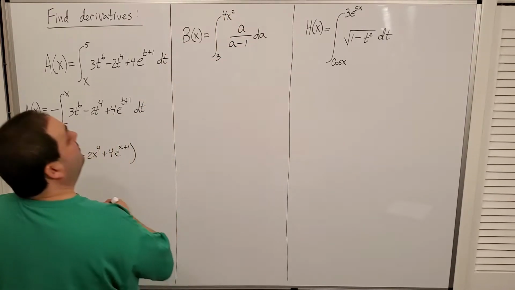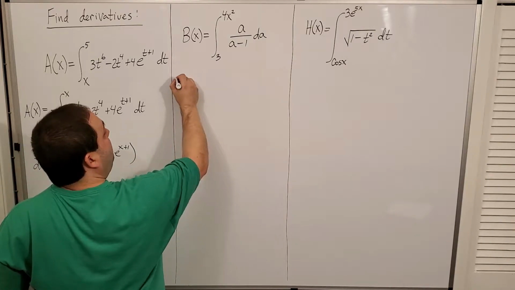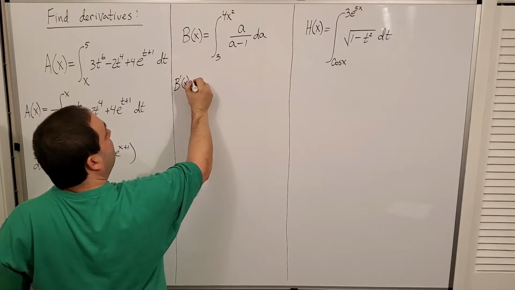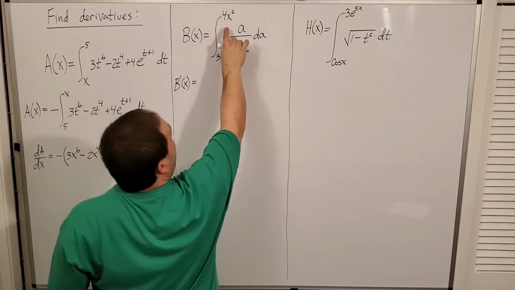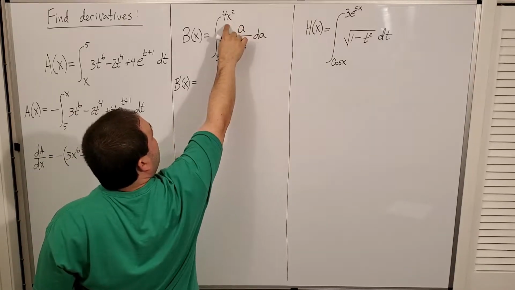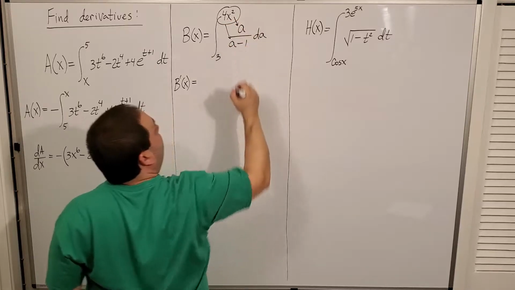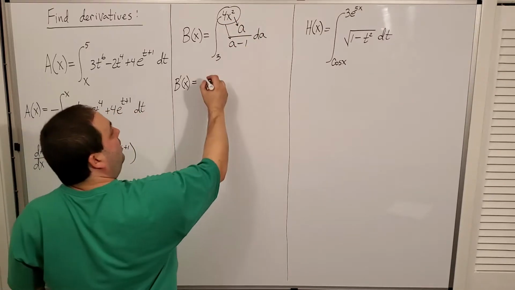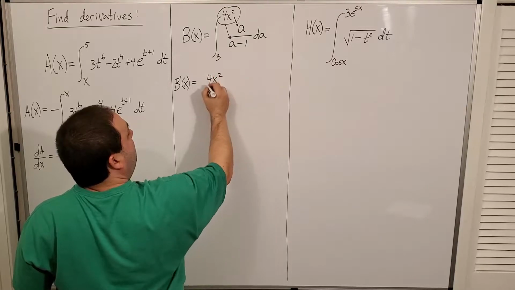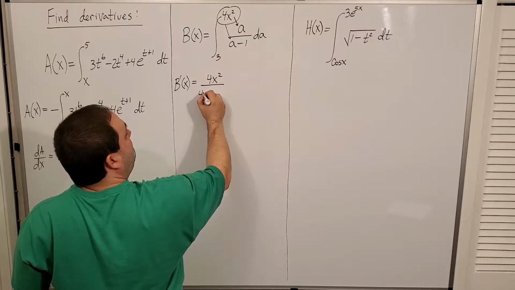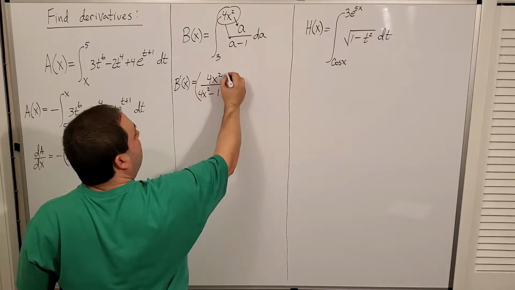Okay, fine. So if I'm going to do my derivative, b prime of x is going to be equal to, just like we said before, right? This stuff, whatever's in here, just gets replaced for the t's. So I get 4x squared over 4x squared minus 1.